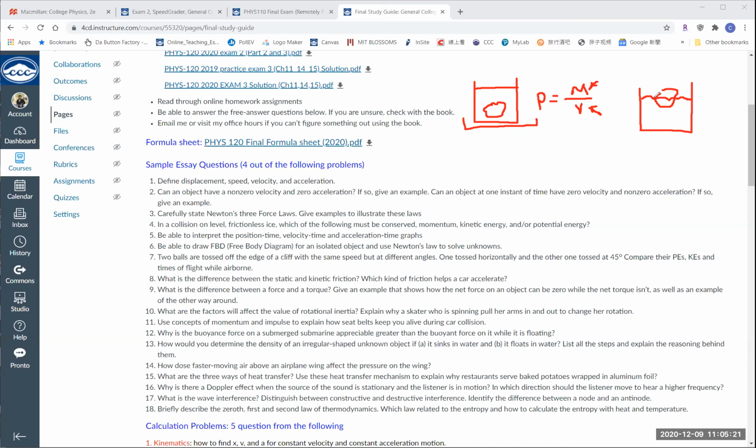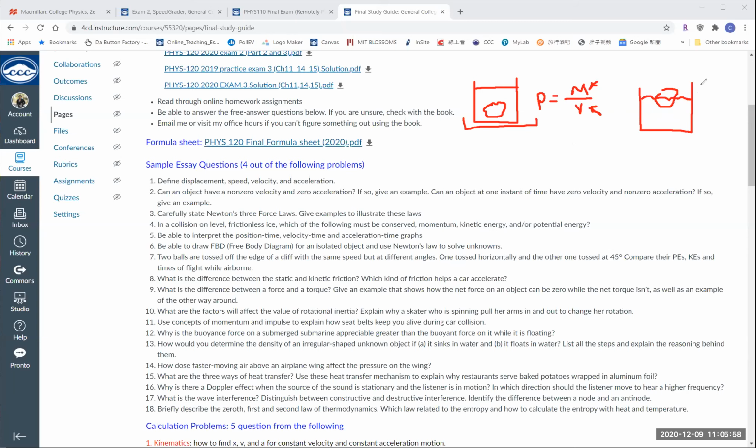If you have an object that is floating, how much of the object is submerged in the water depends on the ratio of the densities. So the lighter this object is, the smaller its density, the less volume will be under the water. So the density of the object can be determined by how much water is displaced. So you can do a similar thing to this one here.